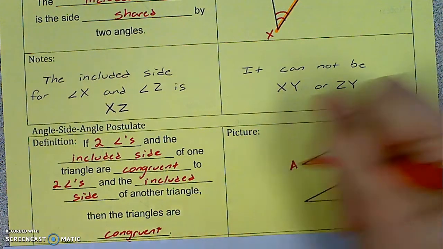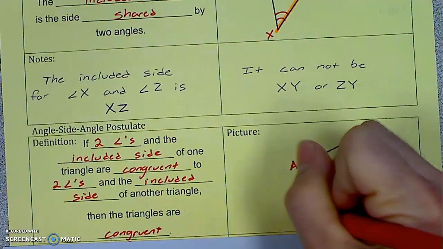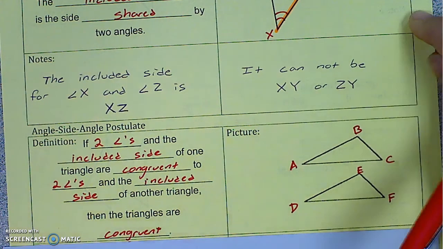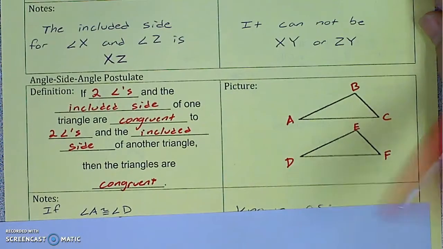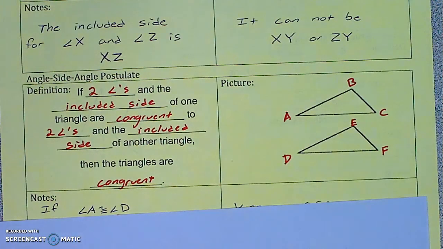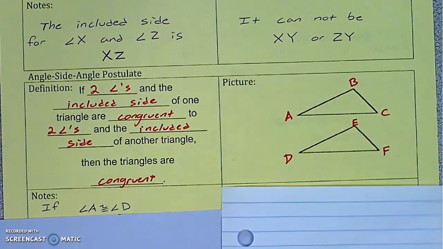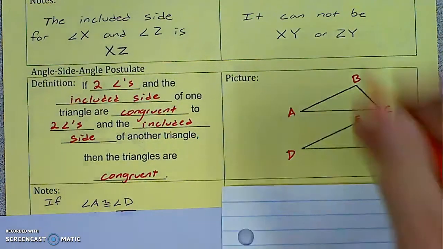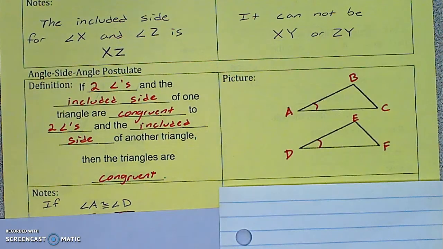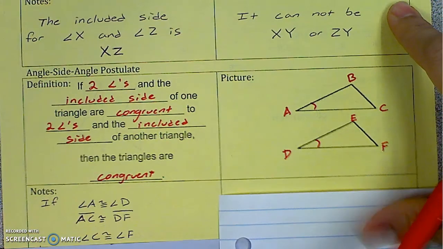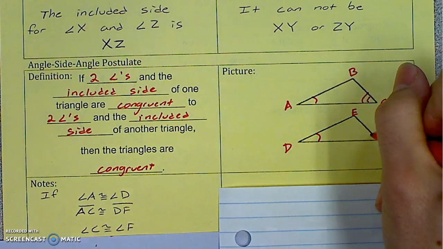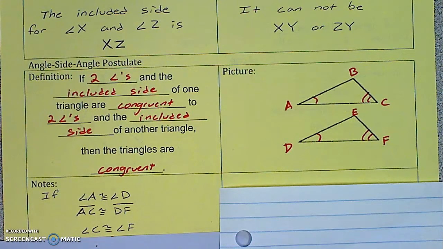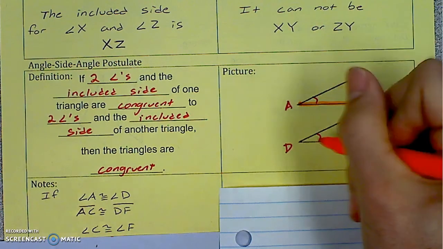So let's label these two triangles. It says if angle A is congruent to angle D, so let's mark that angle A is congruent to angle D. And we're going to jump to angle C is congruent to angle F. My included side is AC and DF.